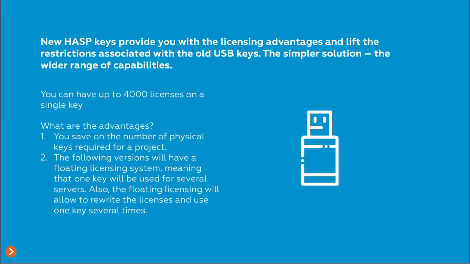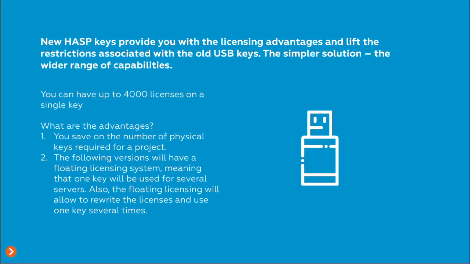Earlier we had a limit, so we couldn't add to one key more than about 476 channels on one USB dongle, and now we can add up to 4,000 channels to a USB dongle or to a new software key.